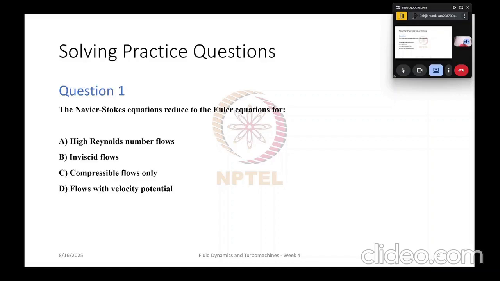Is it option B, inviscid flows? Is it option C, compressible flows? Or is it option D, flows with velocity potential, meaning irrotational flows?